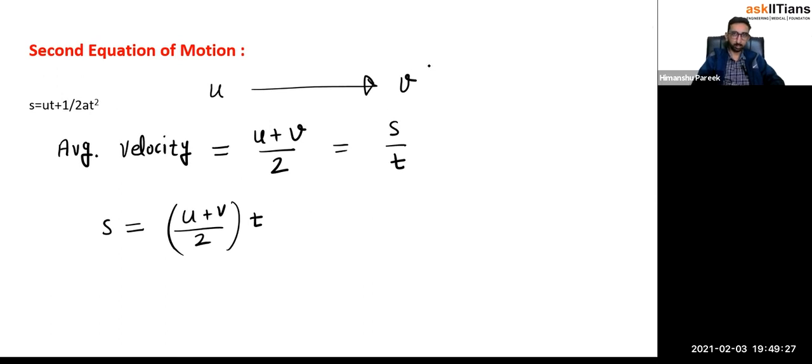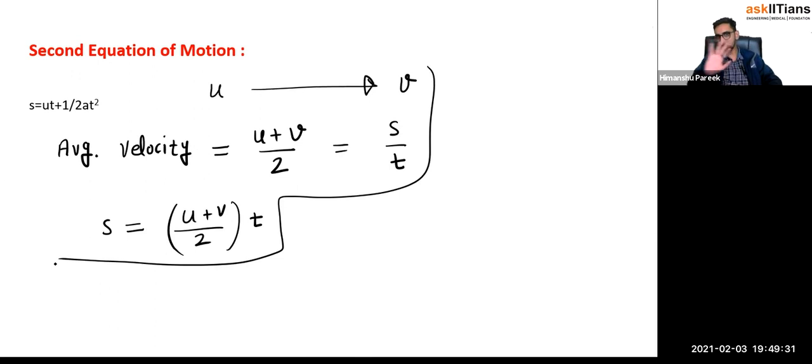This is the same thing I will do for the third equation of motion also. This is a common thing, right? So write down the average velocity, and then the total displacement upon total time, and then you multiply the time on the left hand side. You will get the displacement as u plus v by 2 multiplied by time.